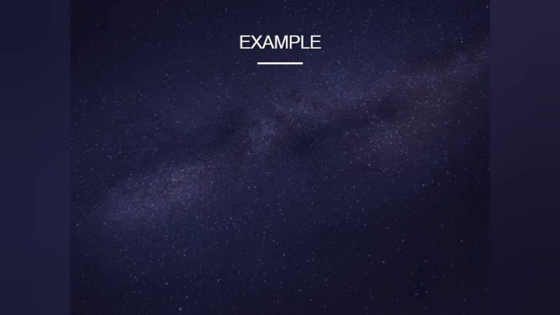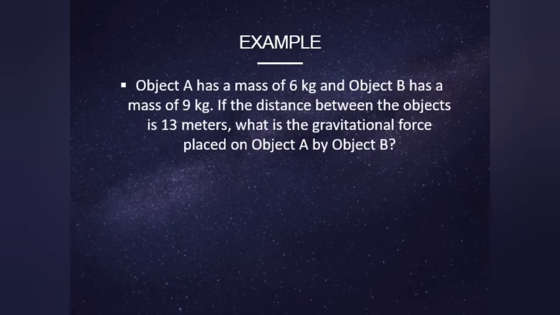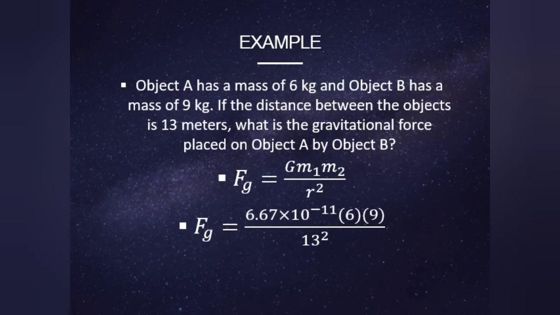Here's an example. Object A has a mass of 6 kilograms and object B has a mass of 9 kilograms. If the distance between the objects is 13 meters, what is the gravitational force placed on object A by object B? So Fg equals big G m1 m2 over r squared, which means Fg is going to be equal to 6.67 times 10 to the negative 11.